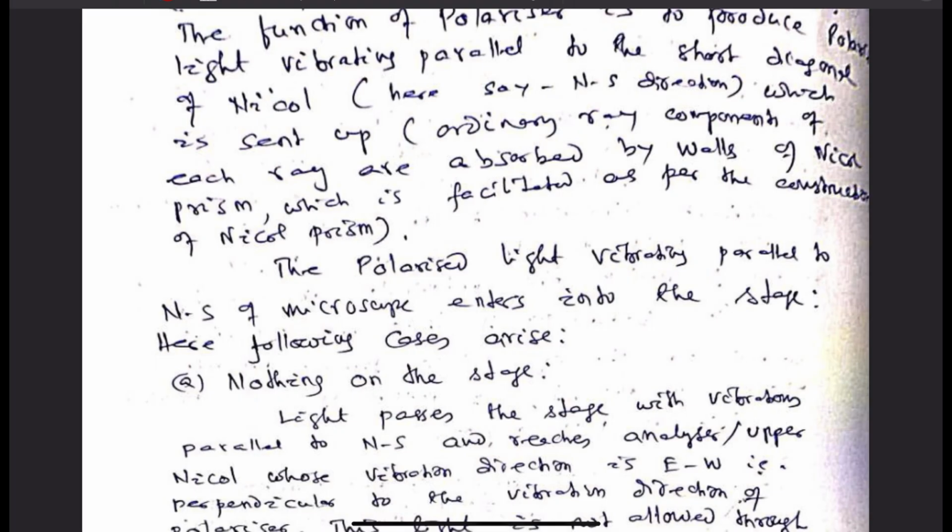Depending upon the type of mineral placed, the behavior of light will be different. Therefore, we need to study the following cases. We have produced polarized light vibrating parallel to north south of the microscope, that has entered into the stage, and we will study these cases.